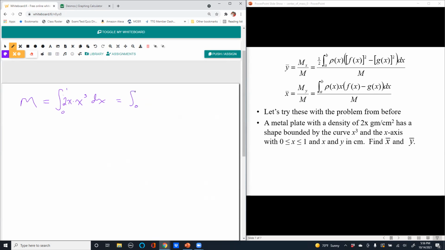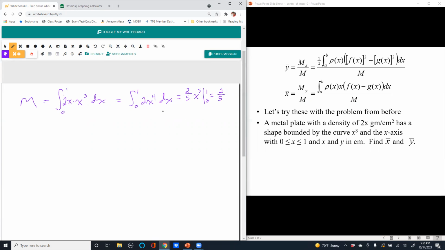So we get the integral from 0 to 1 of 2x to the 4th dx, which is 2/5 x to the 5th from 0 to 1. If we put 0 in, we're getting 0, so this just comes out to 2/5.